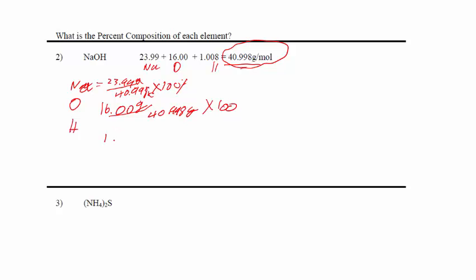And here we have 1.008 over 40.998 grams, times 100, and the 100 is percent. Notice that the grams in each case cancels, giving us percent as a unitless value, which it should be.